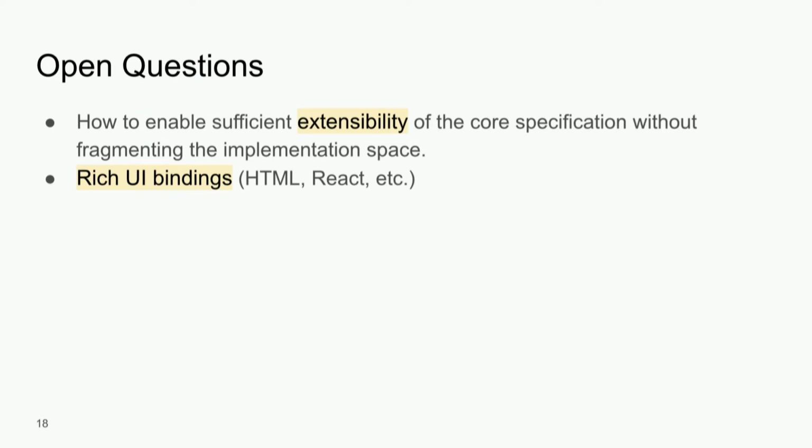More widely, we're talking about ensuring that there's the right amount of extensibility, so that you can do whatever you need to do with it, but not so much that everyone extends it and makes everyone's implementations incompatible with everybody else's, because that would be less nice.